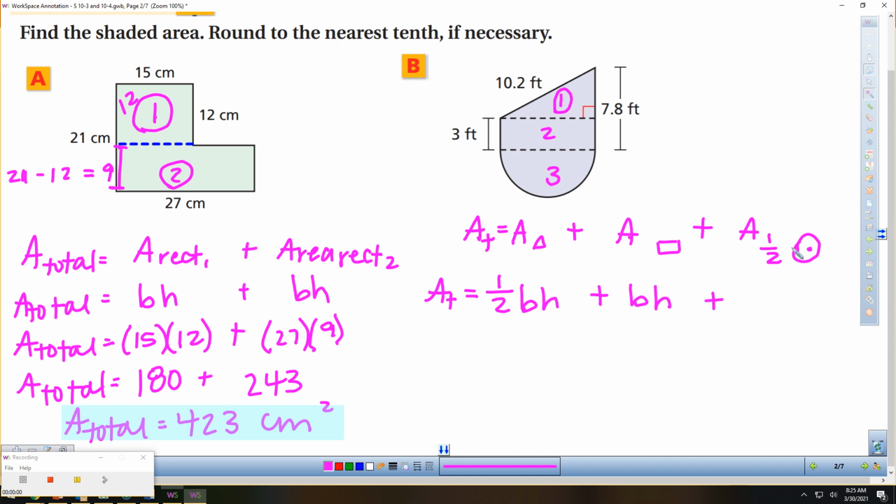And then, what is the area for a circle? 2 pi radius is the circumference. What's the area formula? Pi r squared. So if I'm doing half of it, it's going to be half of pi r squared.